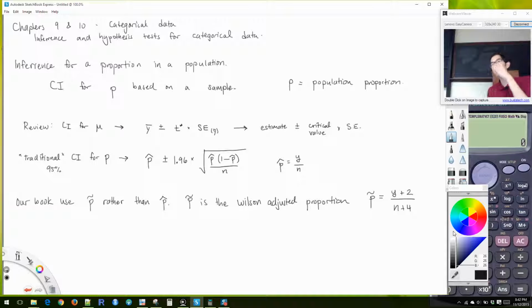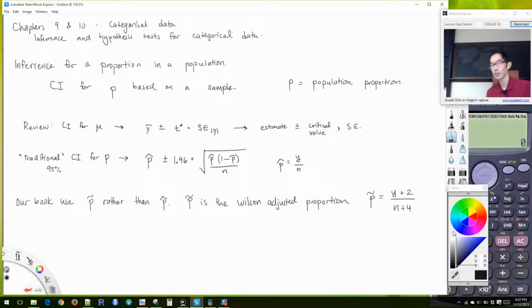So let's say you wanted to know what proportion of people have 11 fingers, or something like this, okay? And some people are born with 11 fingers, but it's very rare, okay? And so you might survey 100 people or 200 people, and 0 out of the 200 people that you surveyed have 11 fingers, okay?